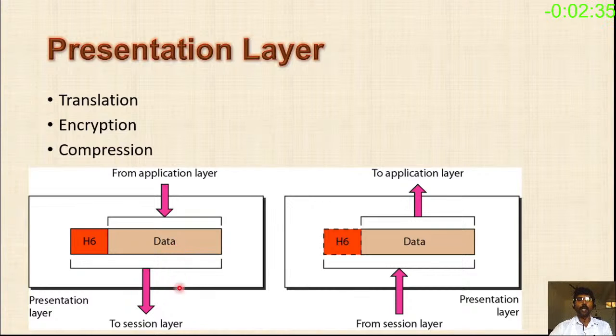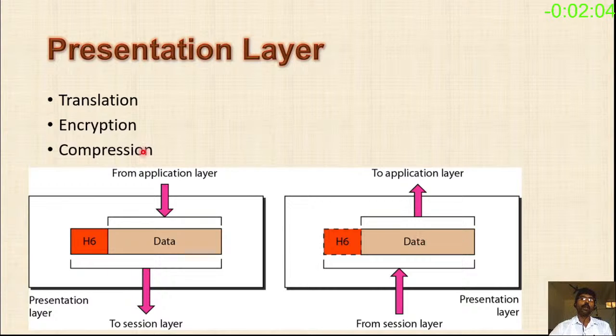When the encoded data is sent to the receiver, it is converted back into normal data. That is the technique called decoding, and that is actually done by the presentation layer.